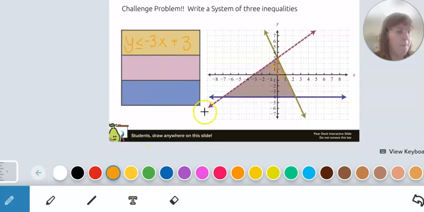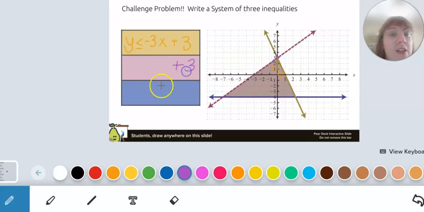For this beautiful mauve pinky color that I also love, our y-intercept is also 3. So it's still a +3. We start with our y. This is dashed and shaded below. So this line is dashed and we're shaded under the line. So that's also less than.